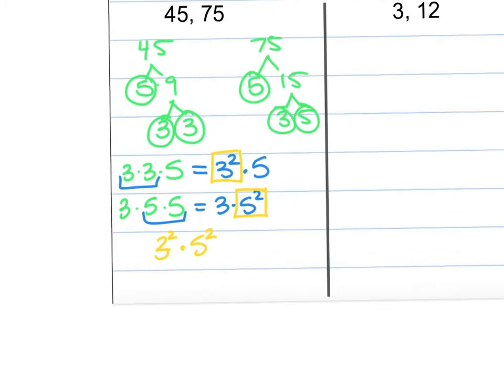I'm going to multiply those together, which I know is 9 times 25. What I'm thinking right now is that 10 times 25 is 250, so I know that's 1 less 25, so 225. So that means that the least common multiple, the smallest number that both 45 and 75 multiply to, is 225.